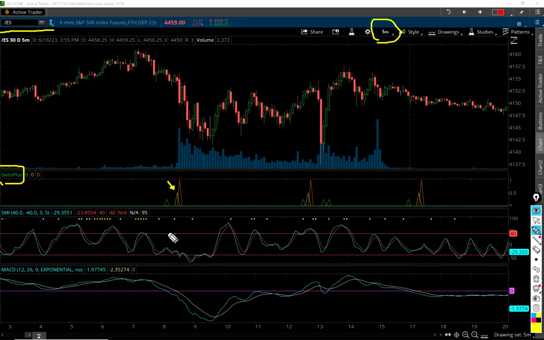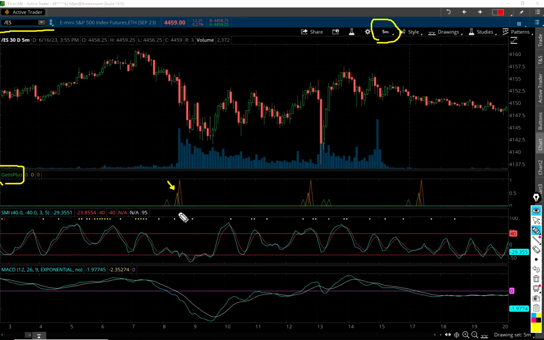Now it's up to us as traders to figure out when to actually place that trade. When this indicator happens on the chart, the members also get alerted on the Discord server, and I'll talk about that at the end of the video. But it's up to the trader to determine when the best entry is.